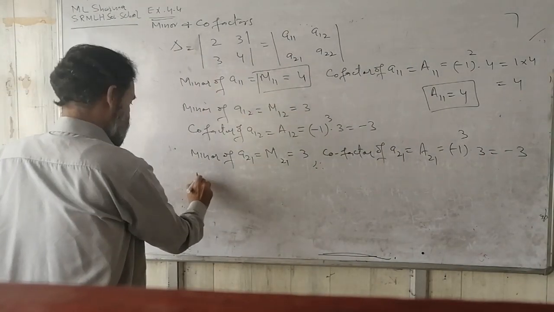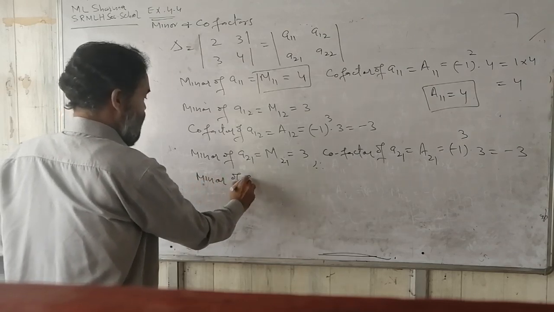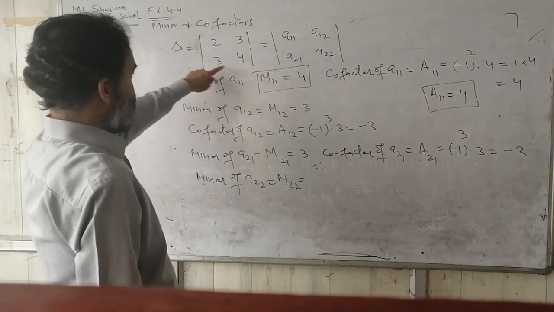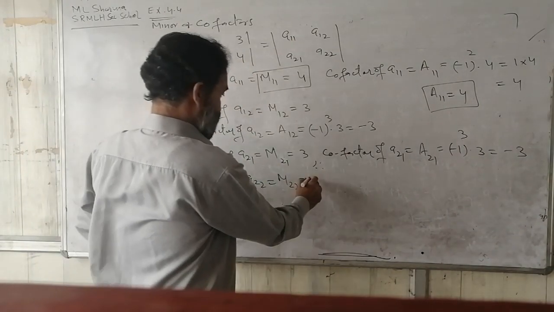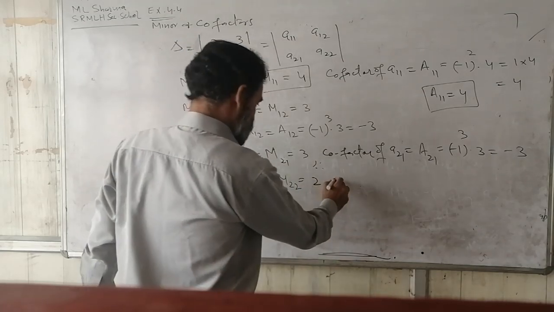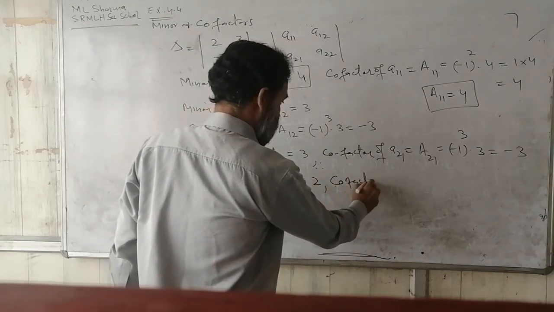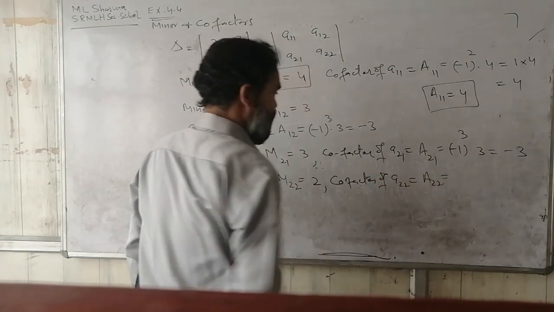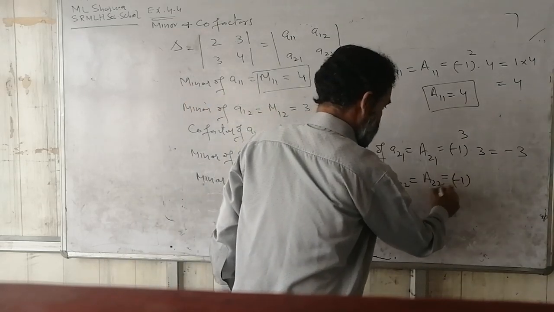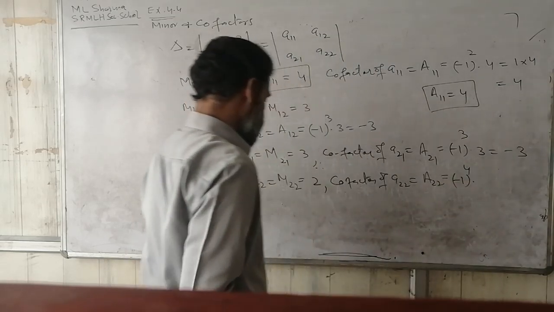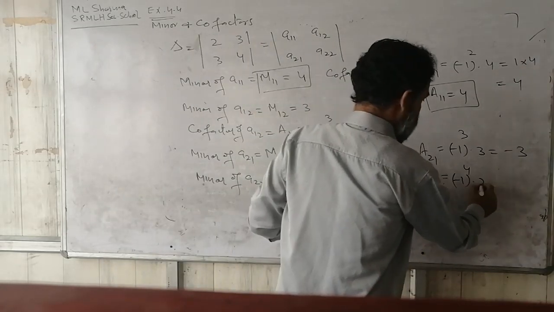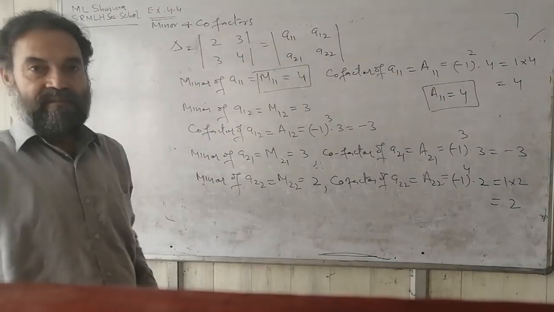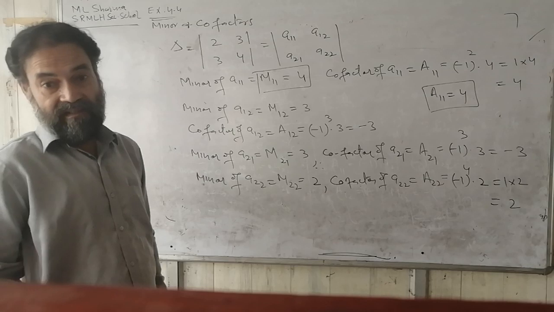For the last element, the minor of A22, this is M22, and if I delete this row and this column, I am left with only 2. If I have to find the cofactor A22, according to the formula, 2 plus 2 is 4, into the minor M22, which is 2. This is 1 into 2, and this is 2. So in this way the minors and cofactors of a determinant are found.